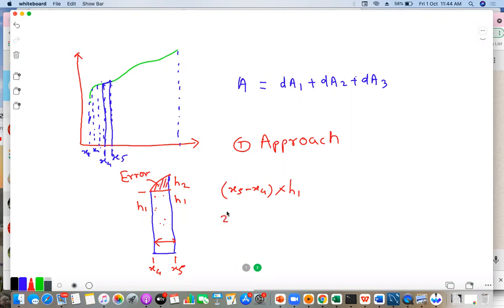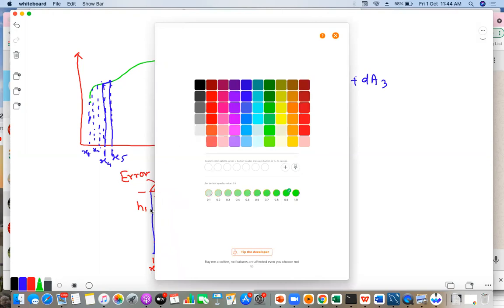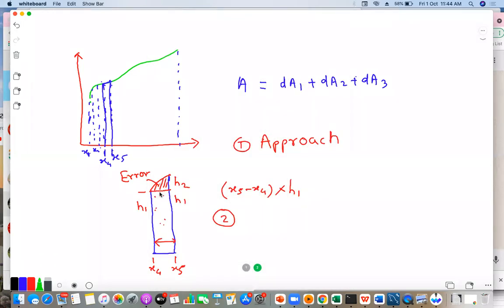Now let us say in the second approach, I assume that, instead of this rectangle, I join a straight line from h1 to h2. Now I have a little bit smaller error. Error is reduced, right?